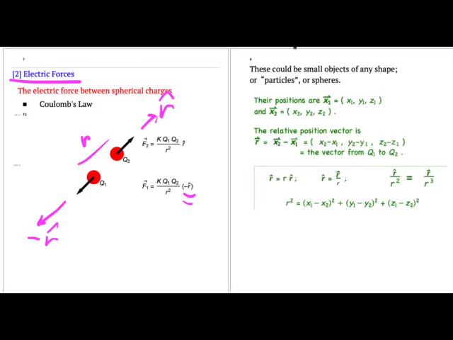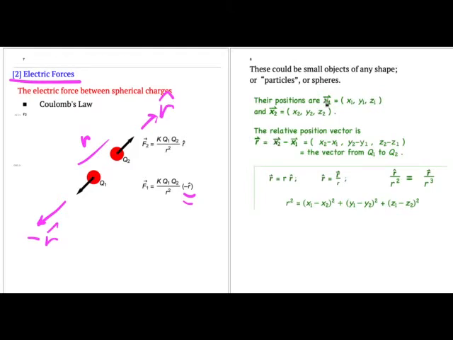Now these objects could really be small objects of any shape. I usually talk about them as particles, very small objects. They could be spheres.